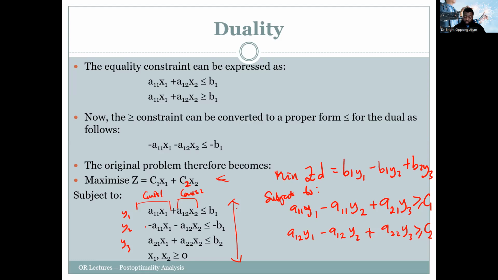Supposed to be C2. All right, then Y1, Y2, Y3 greater than or equal to that. So you can see something comes to mind from this expression, right? So we can always group this, and take our A11 out, A12 out, right?